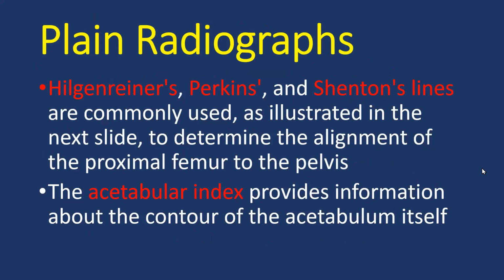They are commonly used as illustrated in the next slide to determine the alignment of the proximal femur to the pelvis. The acetabular index provides information about the contour of the acetabulum. Is it flat? Is it narrow? Is it small?